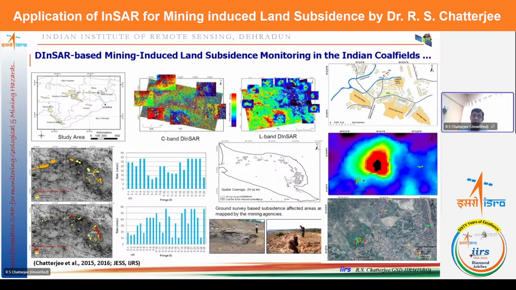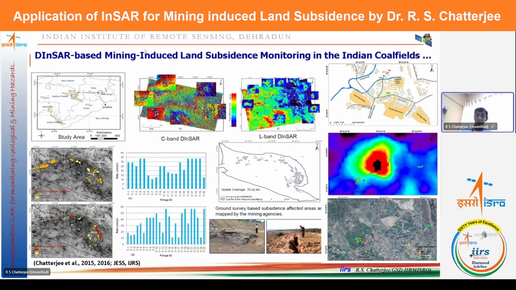But there is a disadvantage. Because the wavelength is very small, temporal decorrelation is very strong. So if the time difference is a little large, then decorrelation is very high, your coherence value is very low, and the information content of the interferogram becomes less and the noise content is high.